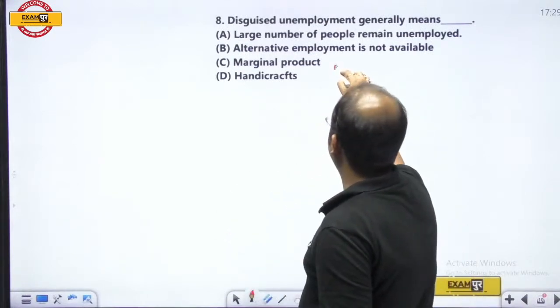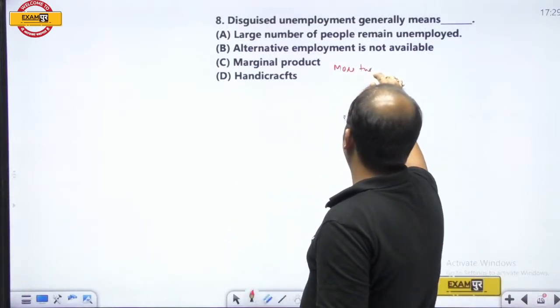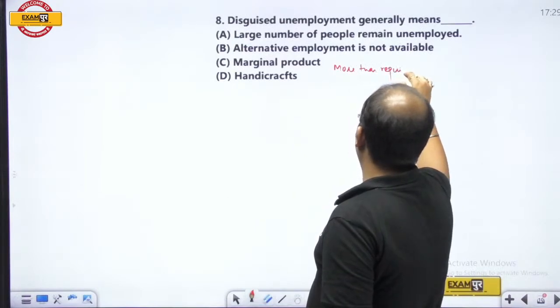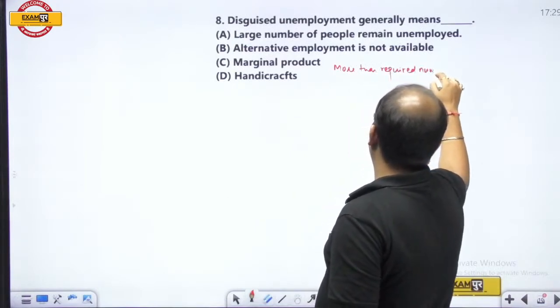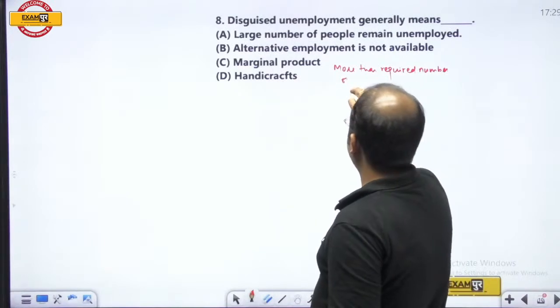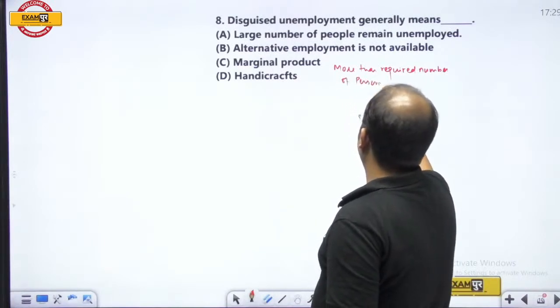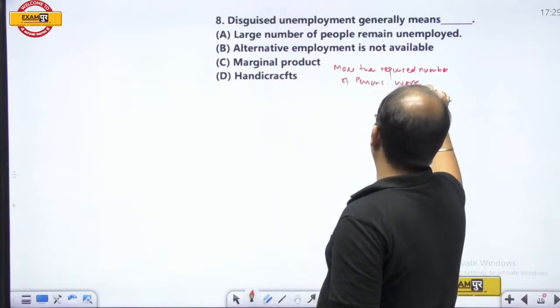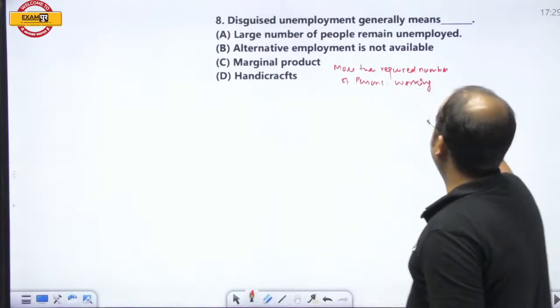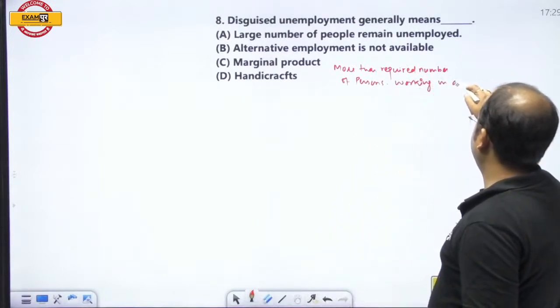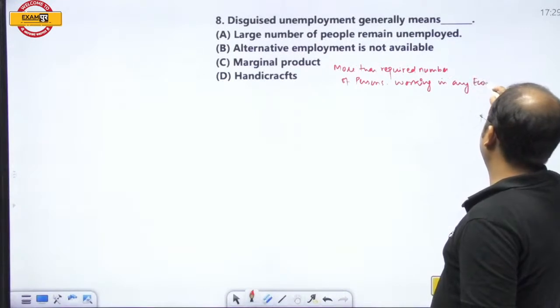More than the required number of persons are working in any economic activity.